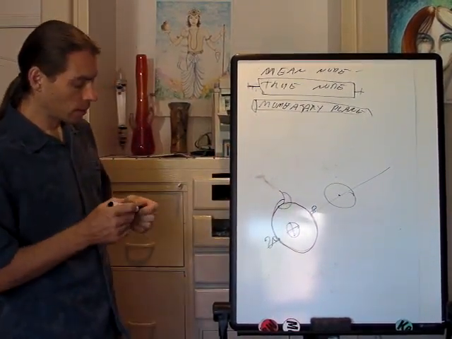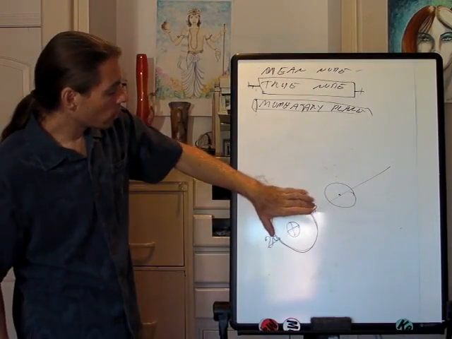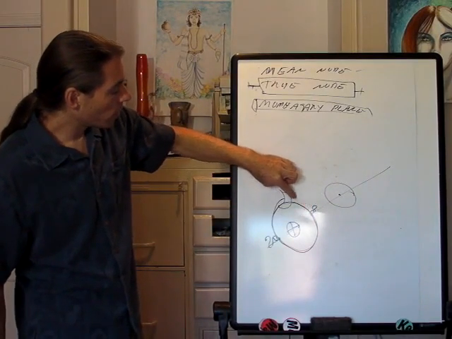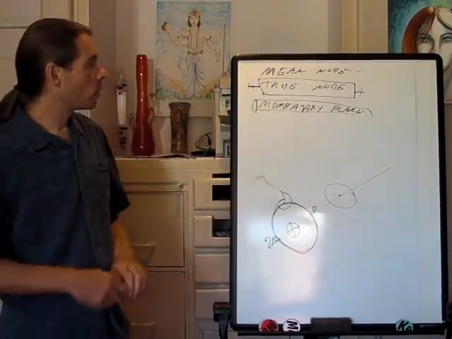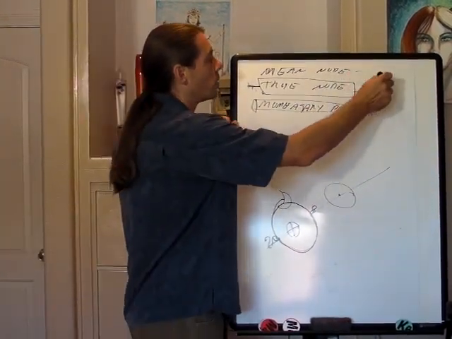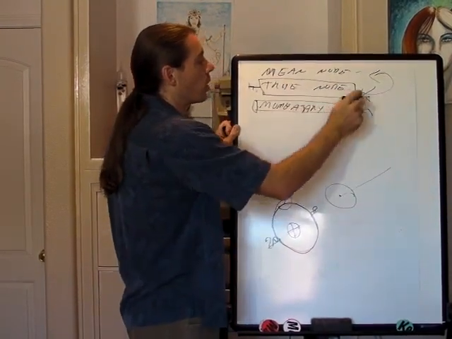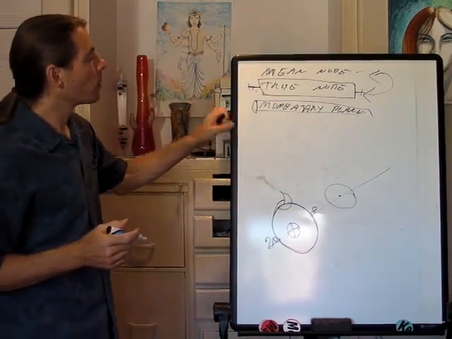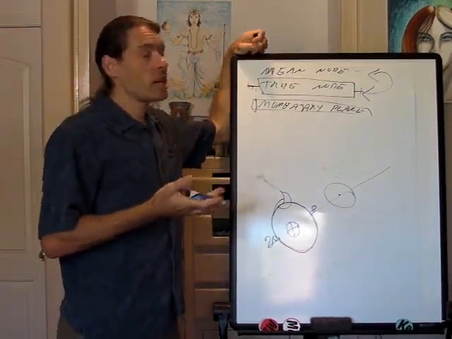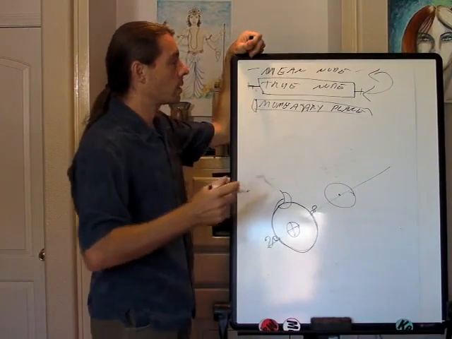So basically, we're using the true nodes, and then we're finding the mean motion of the Moon through that arc to find the point. So we're sort of doing a combination of mean node and true node, with the true node, when it's really true, at the conjunction of Ketu and Rahu, being sort of the foundation of a mean calculation.